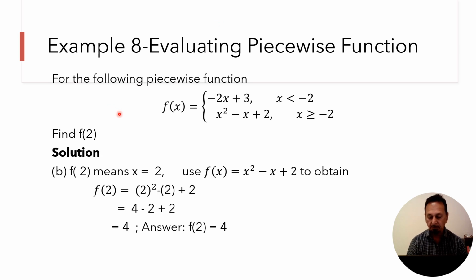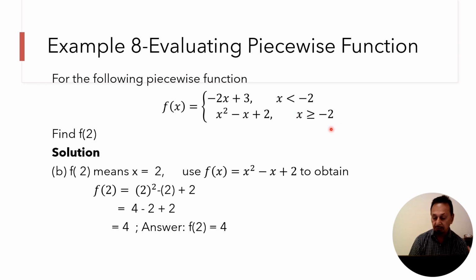Example 8. For the following piecewise function f of x equals negative 2x plus 3, x is less than negative 2, and x squared minus x plus 2, x bigger than or equal to negative 2. So find f of 2. Well, f of 2 means x equals 2. Now we use this equation because 2 is bigger than negative 2.